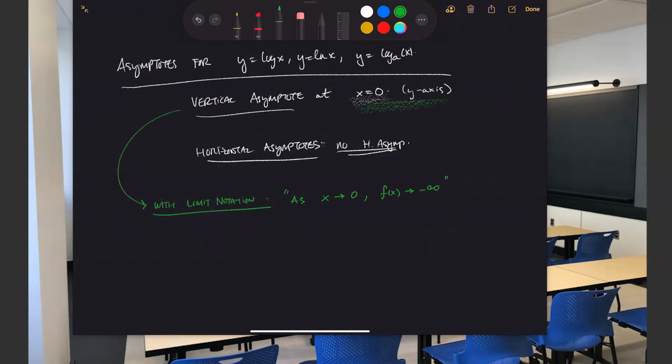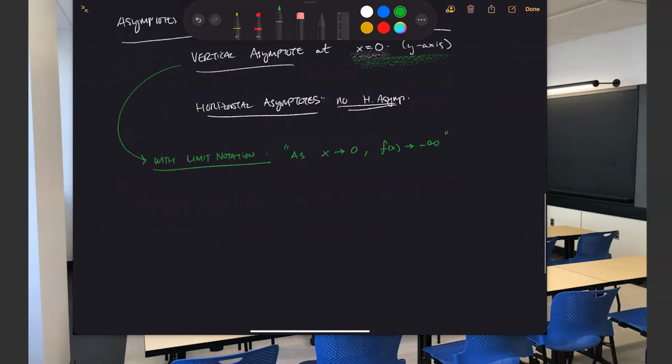That's what it means to have this vertical asymptote. And so with limit notation, what we would say is that the limit as x approaches 0 from the right, and we should put that here as well, of f of x, you could say equals negative infinity, but really what we'd say is does not exist or diverges to negative infinity.